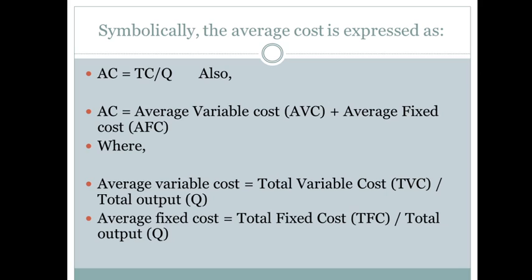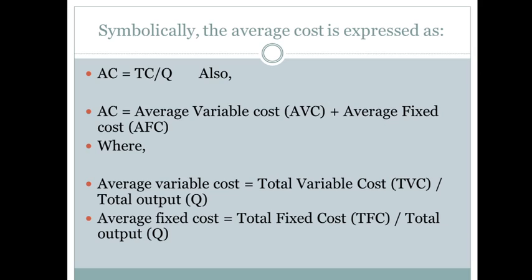So there are two ways we can find average cost. The first formula is total cost divided by total quantity, or average cost is equal to average variable cost plus average fixed cost.